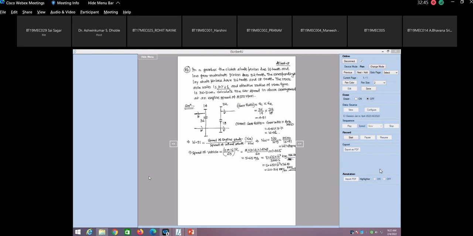Will the vehicle be able to move with this 20.34 kilometers per hour if I say that the transmission efficiency is, let us say, 95%? So if eta transmission is equal to 95%, then vehicle speed will be how much?